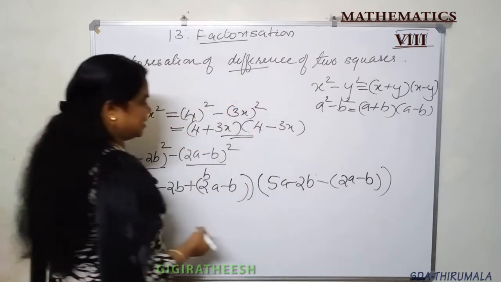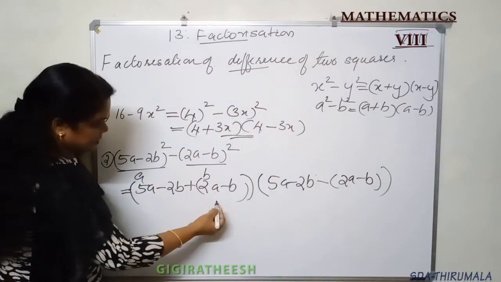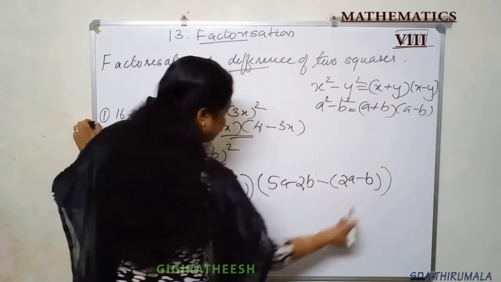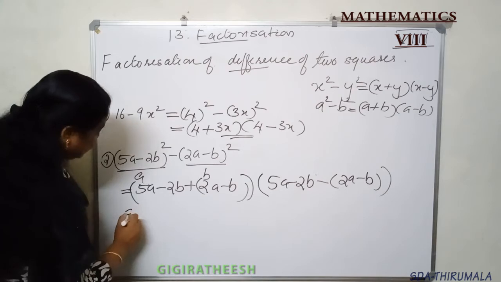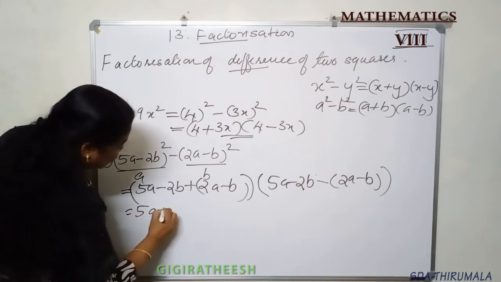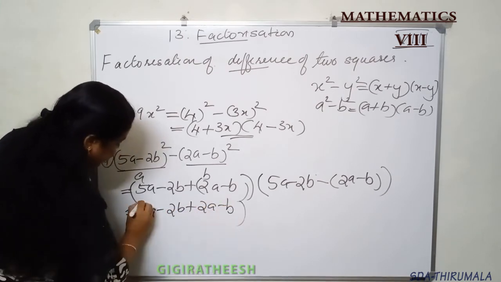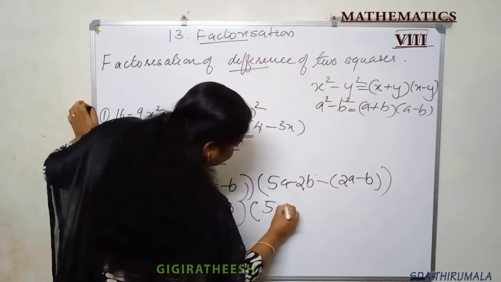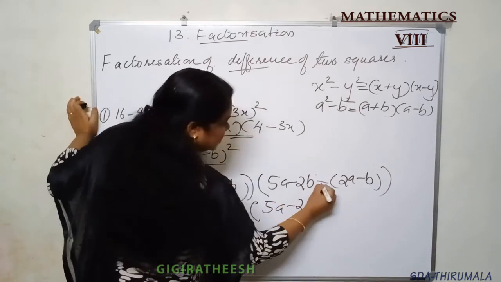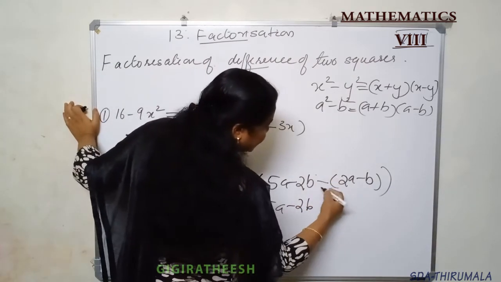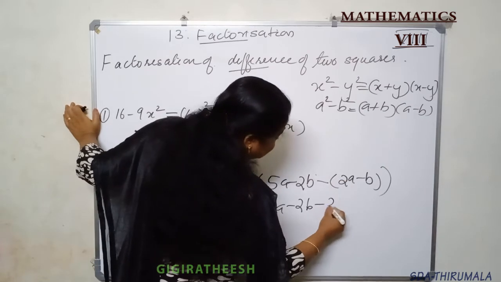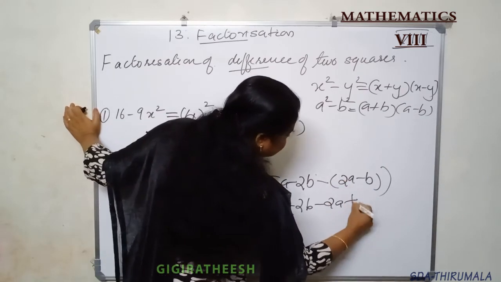Now open the brackets: 5a minus 2b plus 2a minus b, and in the other, multiplying with the minus, minus 2a and minus into minus gives plus b.